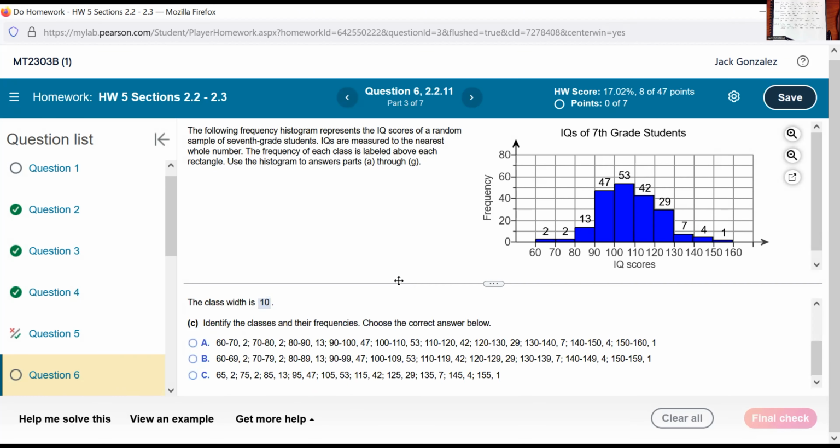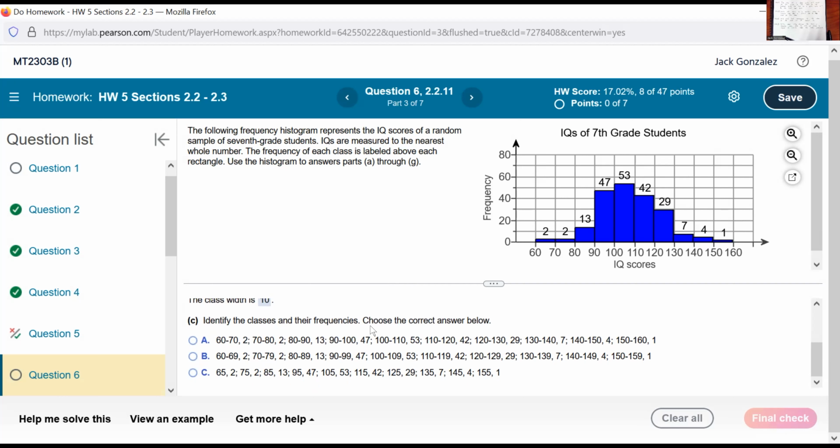Okay. Identify the classes and their frequencies. Choose the correct answer below. So here they're just grouping each class and how many times data points appeared in that spot. So which one would you choose?